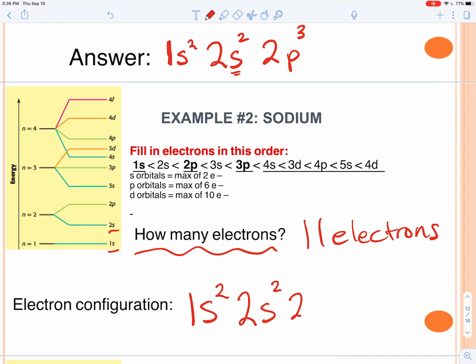And then we move on to 2p. How many can we put in a p orbital? 6. So we're going to continue to put electrons in there. And now I'm up to 10 electrons. I still have one more. So I'm going to move on to my next suborbital, 3s, and I'll put my last electron there. Again, notice if you want to check your answers, we can add all these up and it'll add up to 11. And that's how you know all your electrons are accounted for.